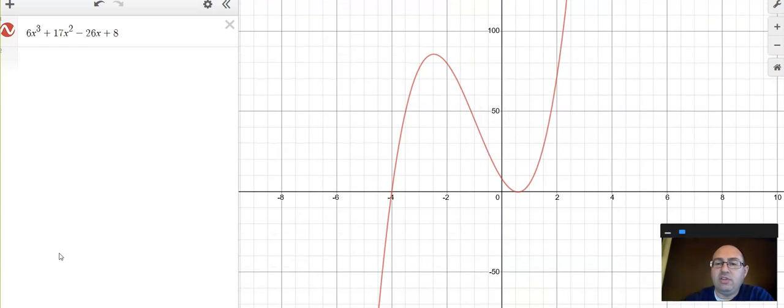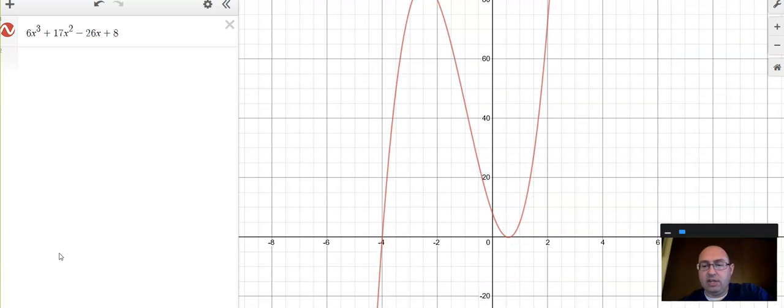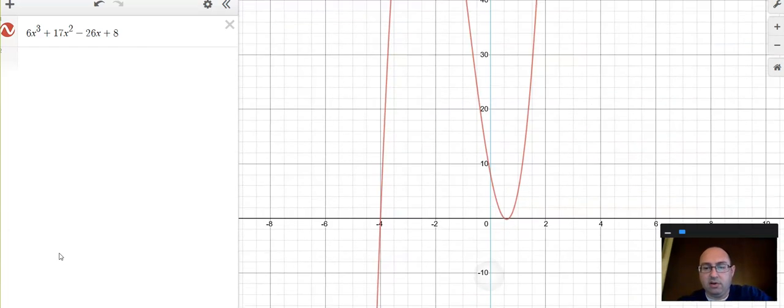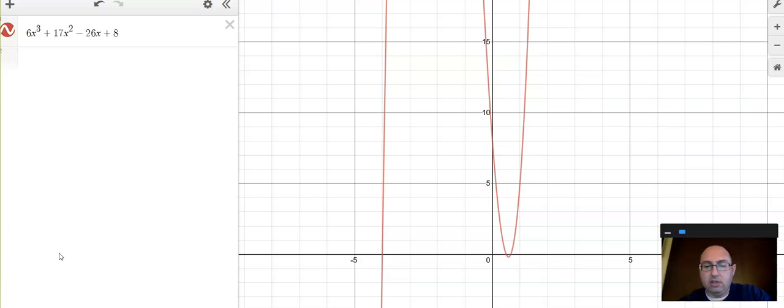You can see there's the basic shape. We notice on the far left it goes through the x-axis at -4. Now, could I stretch it out like this and see that it touches twice at that little dip, once on the way down and once on the way up. But it's not obvious what those are.